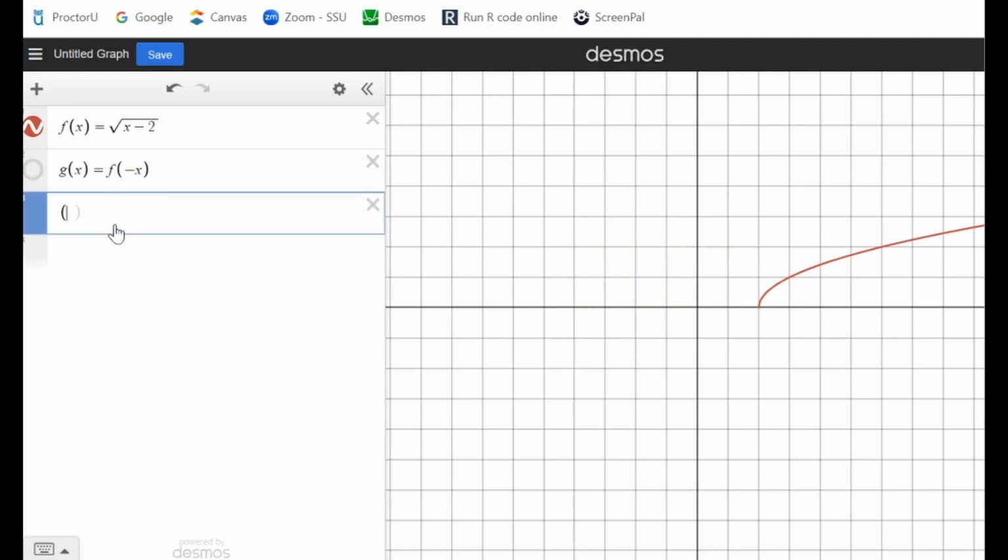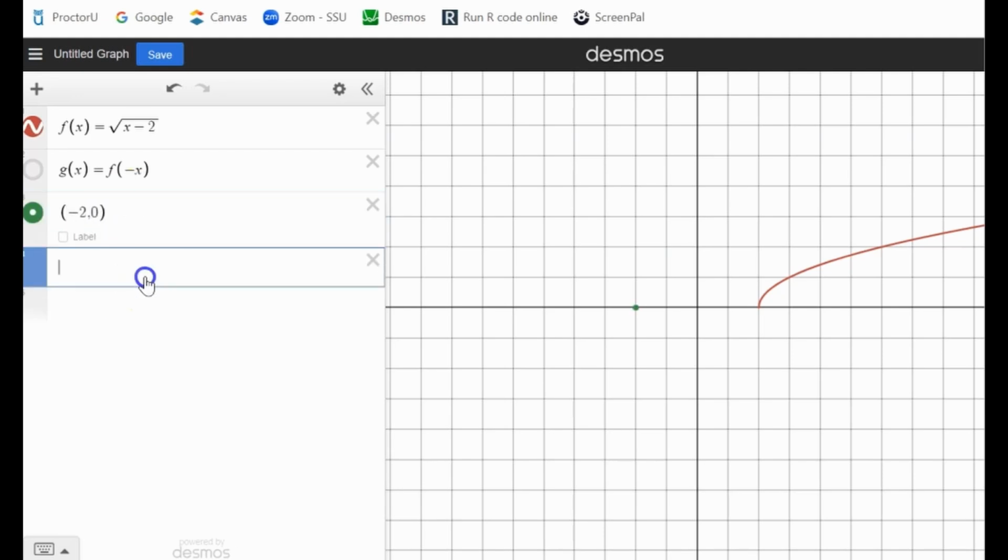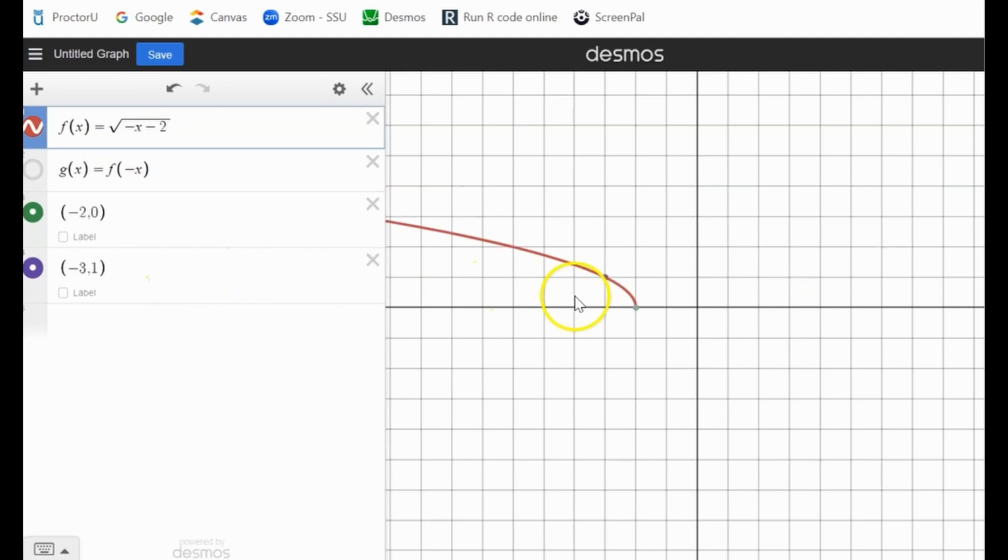In fact, it should start at negative 2, 0, and it should pass through the point negative 3, 1, because it goes through the point 3, 1. Let's see if that happens when I change this x to a negative, and sure enough, it passes right through those 2 points. And so this is a reflection across the y-axis.